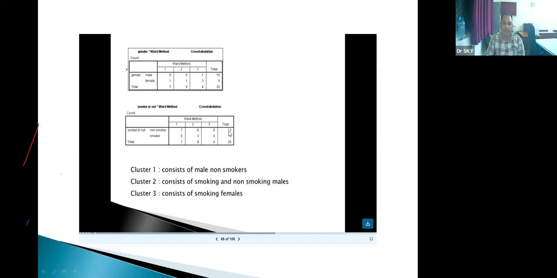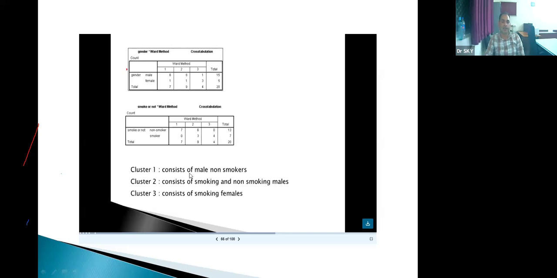You can have an idea that 13 are in the non-smoker group, and smokers are 7. They are distributed as 0, 3, and 4. So there are no smokers in cluster 1, while there are 3 in cluster 2 and 4 in cluster 3.